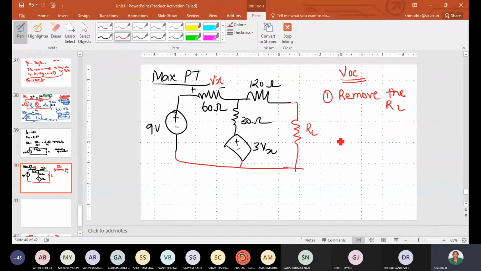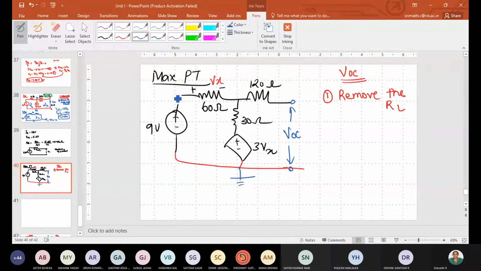So once you remove the RL, your circuit will be like this. This is VOC. How many node voltages do we have? This is ground.